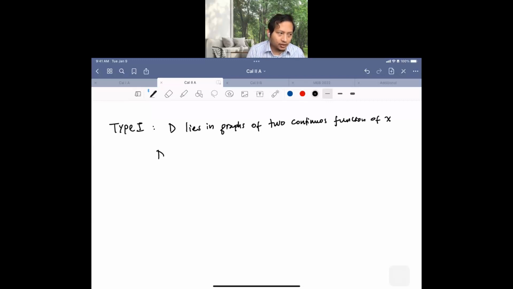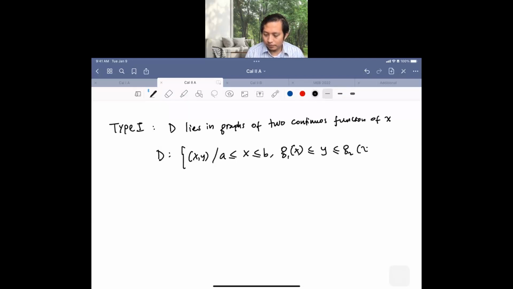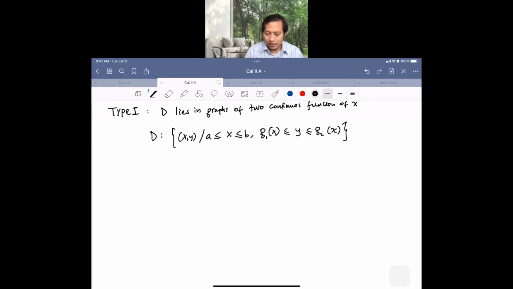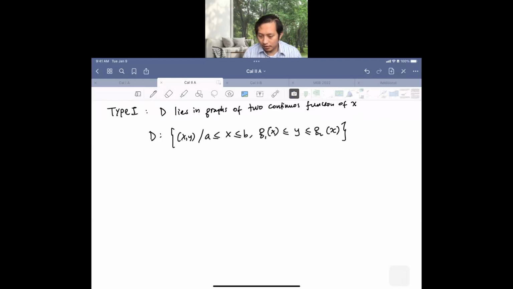So we can say that D is the set of points in xy, having x, and for y there is a function. Not g prime, it's supposed to be g1 and g2. So what it means is, I take this approach here.